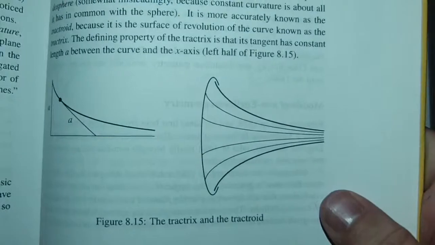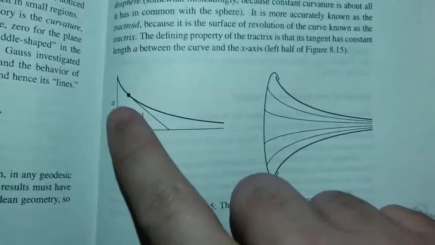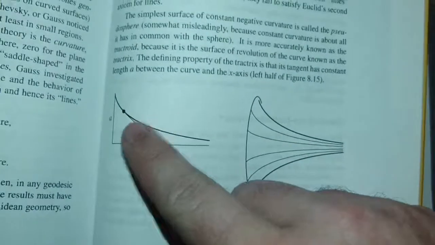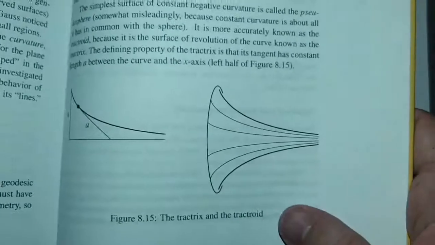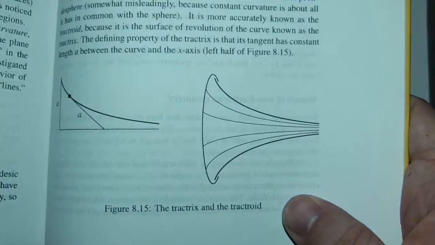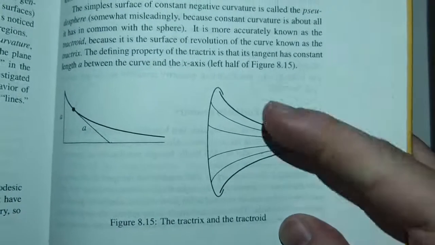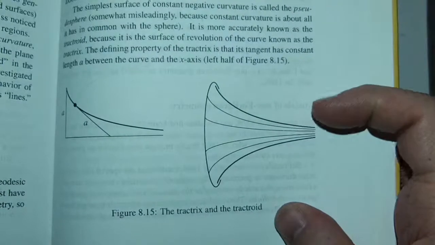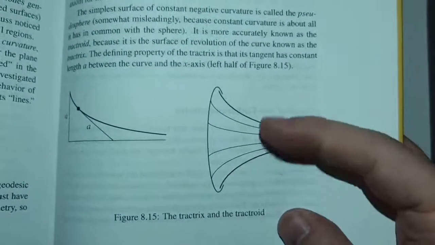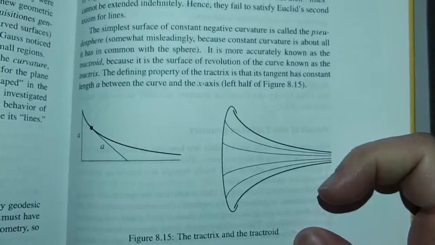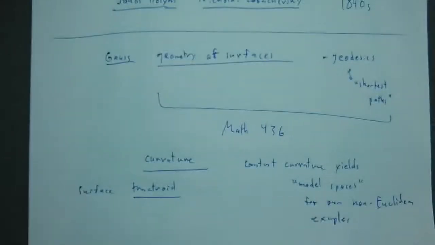Here's the tractroid, and here's the tractrix curve that generates it as a surface of revolution. So it turns out this provides a nice model for hyperbolic geometry, just like the upper half plane.